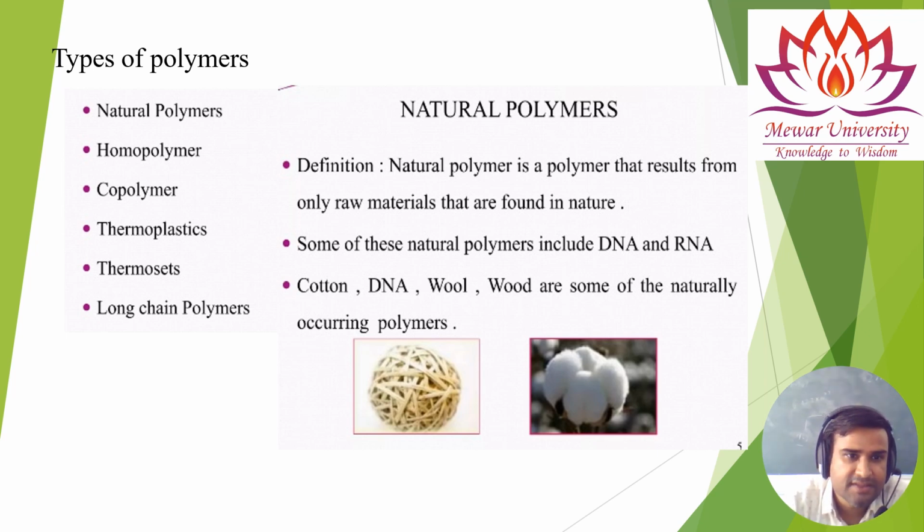Some of these natural polymers include DNA and RNA, cotton, and wood. These are examples of naturally occurring polymers. You can see this is a wood sample, a thread of wood, and this is cotton. So this is a kind of natural polymer.